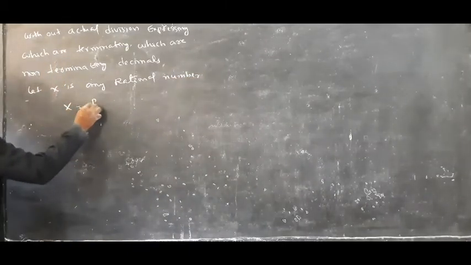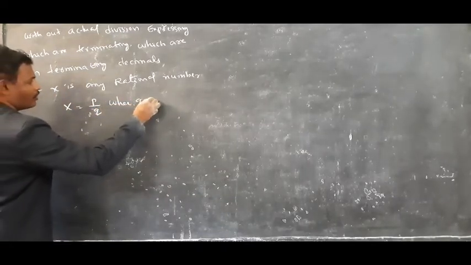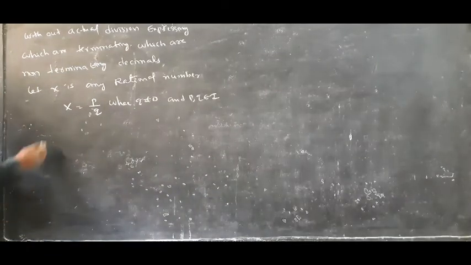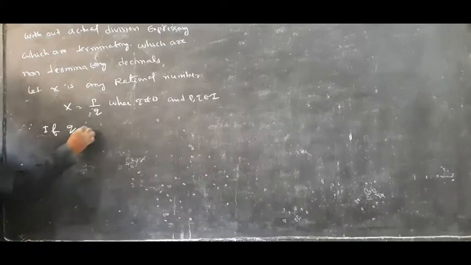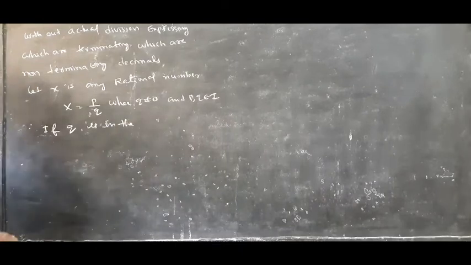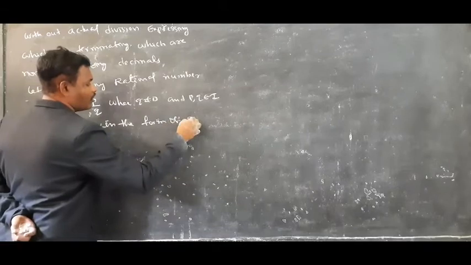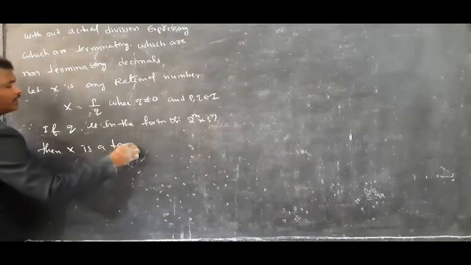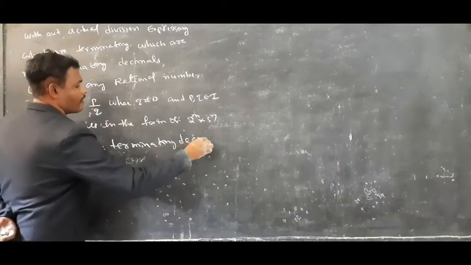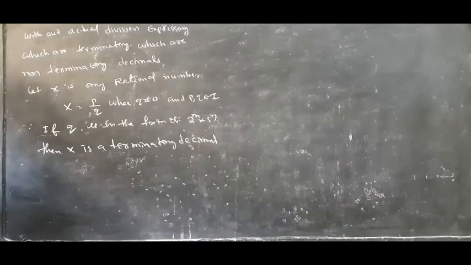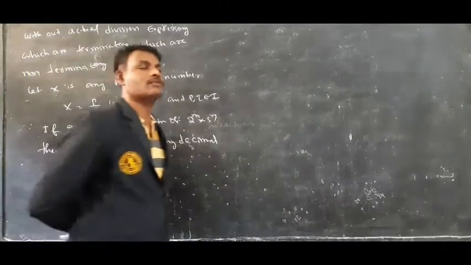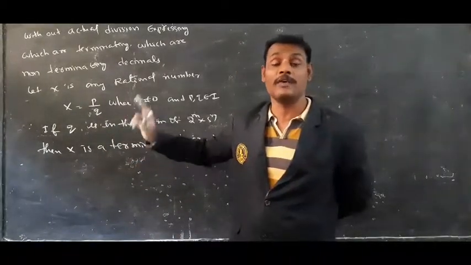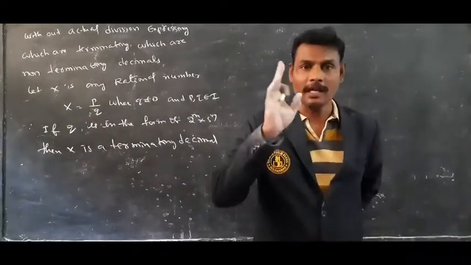It means we can express x in the form of p by q, where q is not equal to 0 and p, q are integers. If the denominator q can be expressed in the form of 2 power m into 5 power n, then x is a terminating decimal.